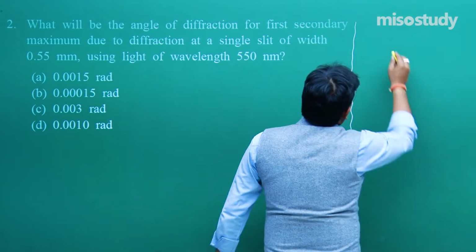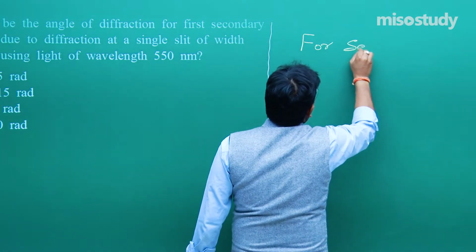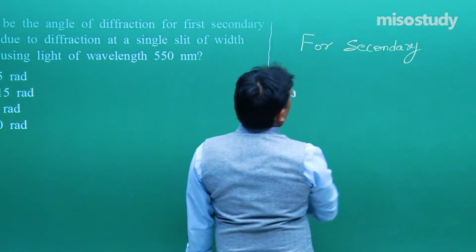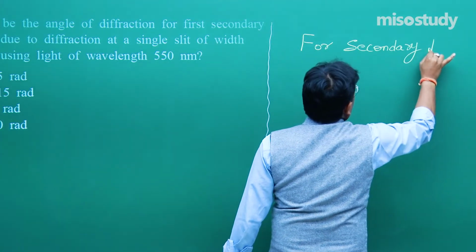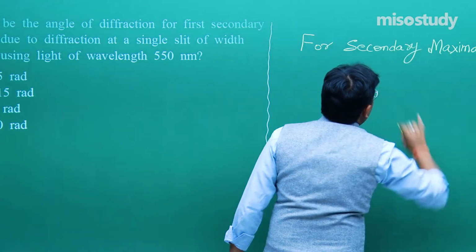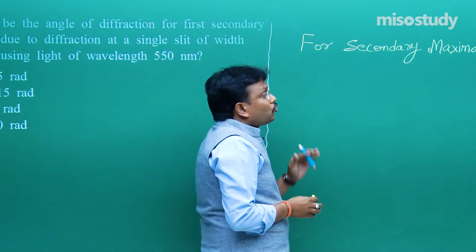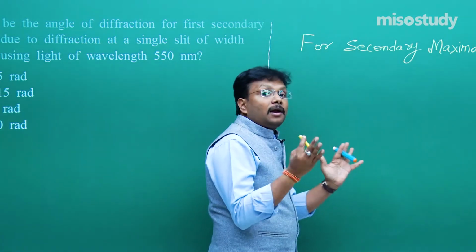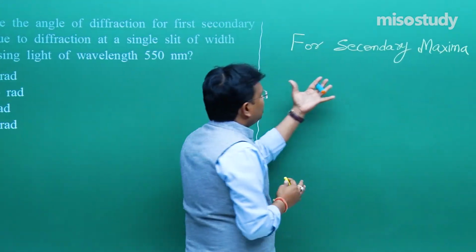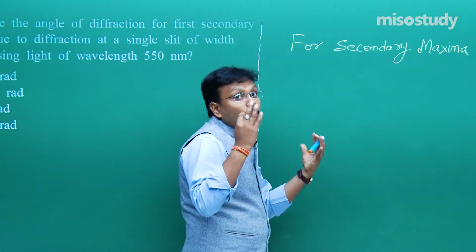What is it? For secondary maxima. Now, why am I mentioning these statements? So that if you are regularly watching theory videos and then reading the problem, then in totality you can understand the aspect of the questions.